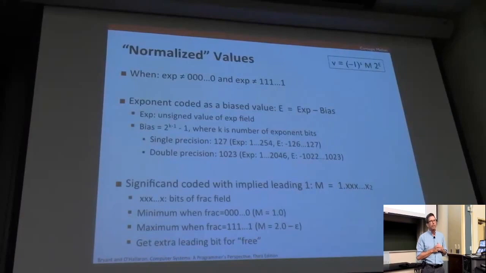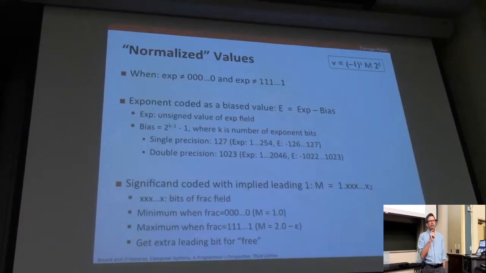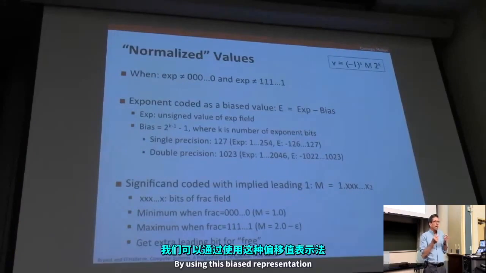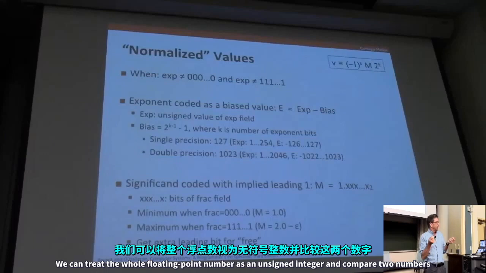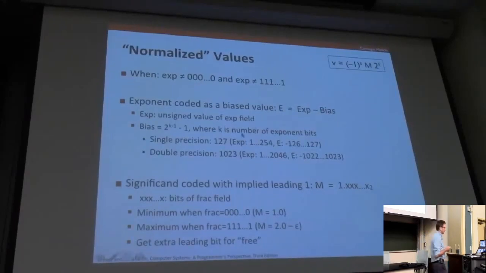So if we compare the bits, treating it as an unsigned representation, by using this biased representation, we can compare 2 floating point numbers just as unsigned. We can treat the whole floating point number as an unsigned integer and compare 2 numbers and get a true comparison.